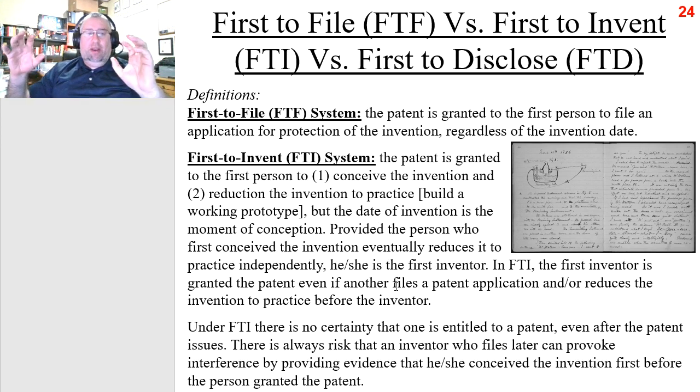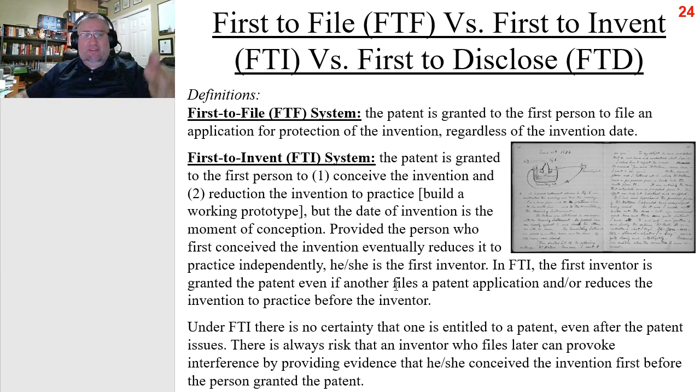It's not when you file the patent, it's not when you actually make it work, it's when you conceive of the idea and document the idea that sets the moment that the invention was conceived and ultimately who has control of the patent once the appropriate patents are filed.